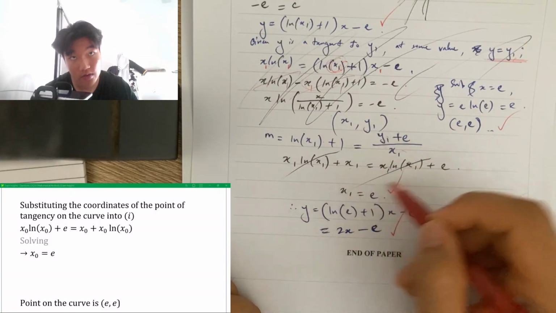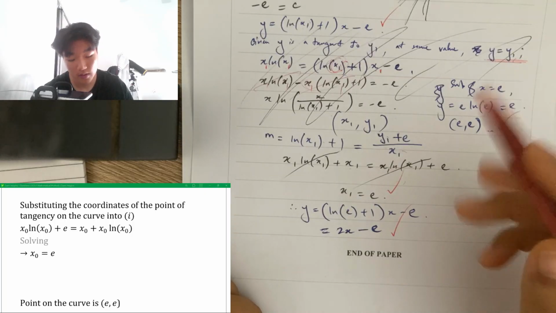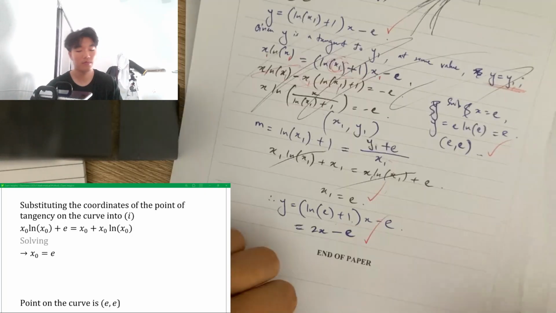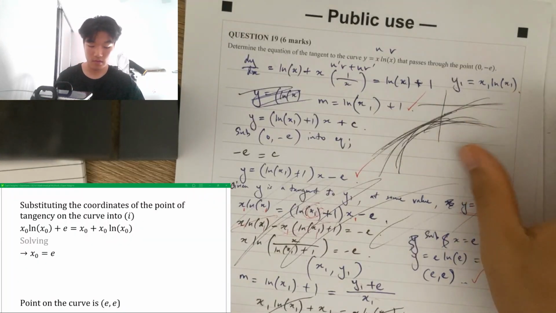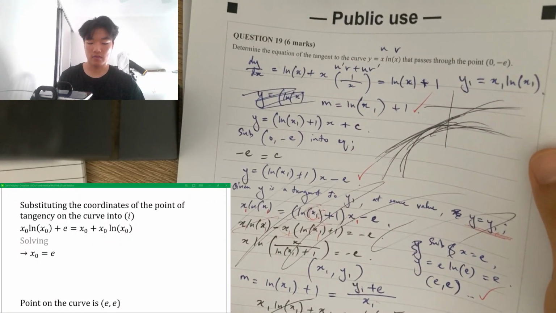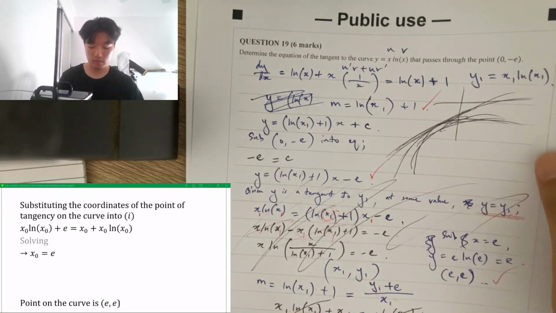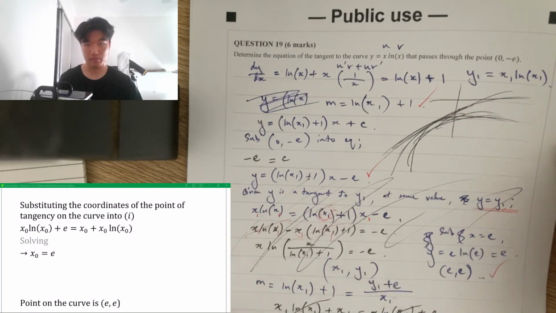This and this are equivalent, so I cancelled them out, giving x1 equals e. And I subbed that in, simplified, and I got that. So it wasn't a difficult question, but it definitely involved a decent understanding of your knowledge on tangents, mainly the characteristics of tangents.